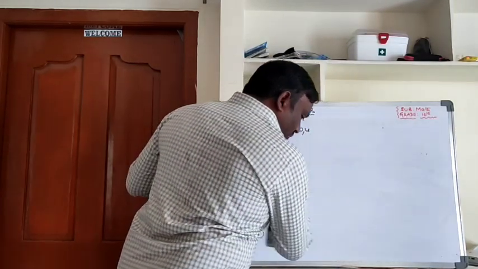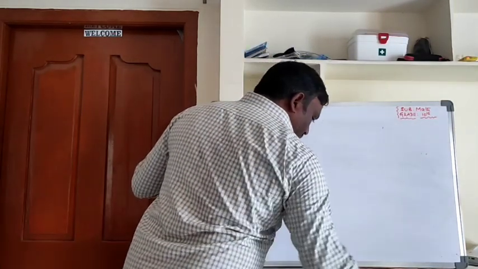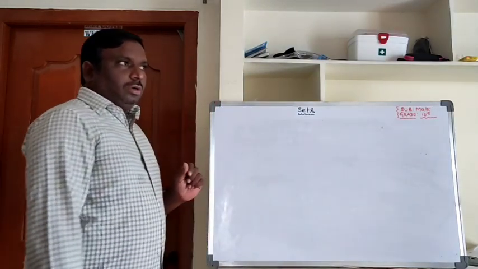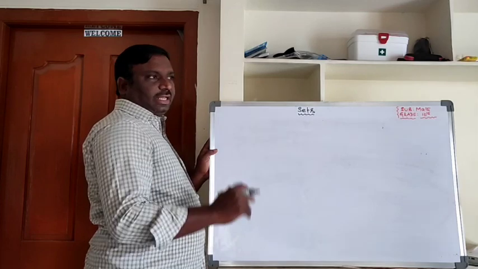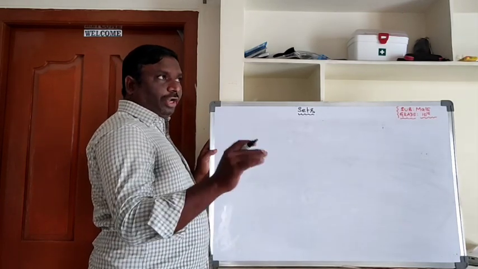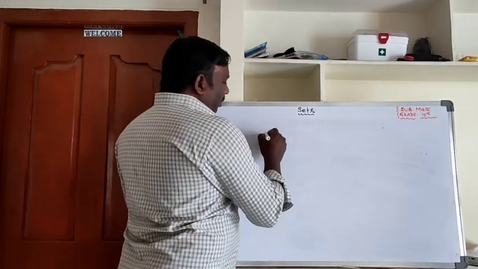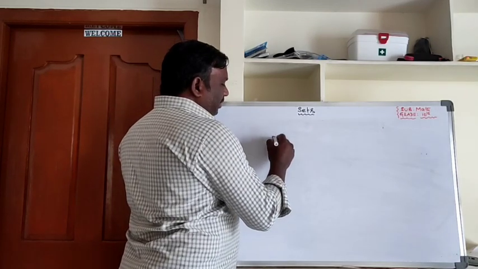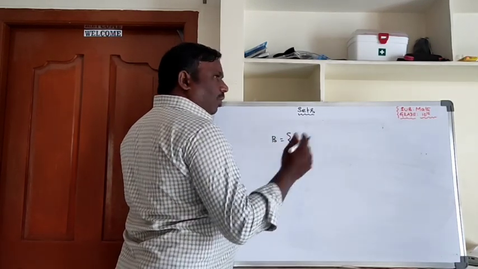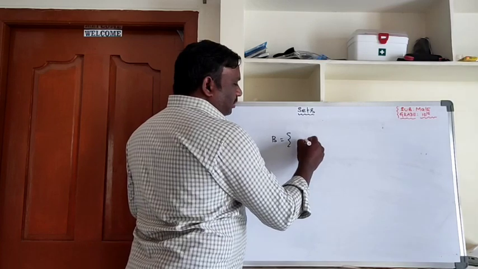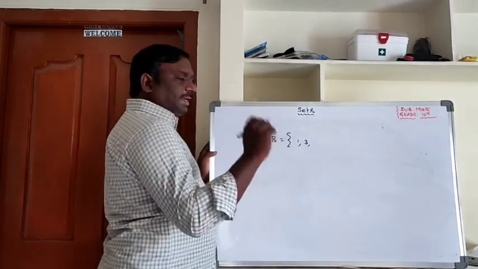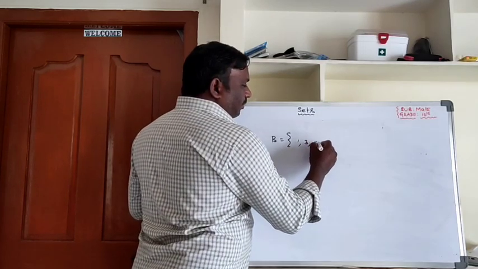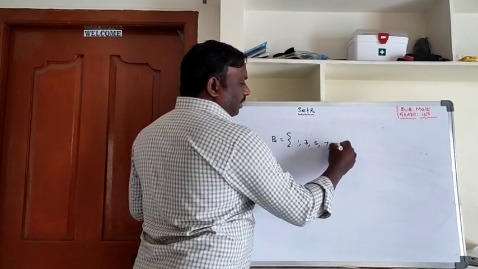Now, suppose I am taking odd natural numbers less than 10, and I am representing the set with B. Odd numbers: 1, 3, 5, 7, 9.